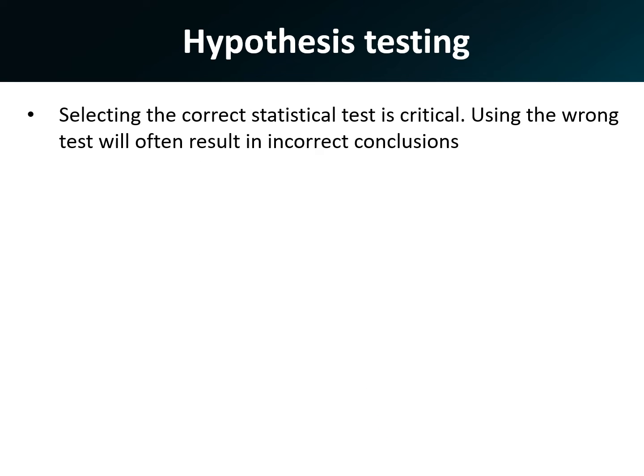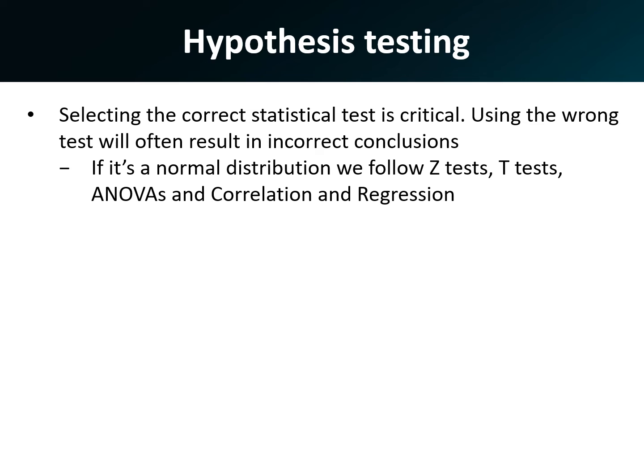Restating this, it's very important to choose the correct test. If you use the wrong test, you might wind up thinking that your probability is 0.02, like that you're very sure that there's a difference between the means, but it might be 0.1 or 0.3 or something like that because you've chosen the wrong test, and then you report those results and then find out that you're wrong, you've overstated your conclusions, and that can cause a lot of grief.